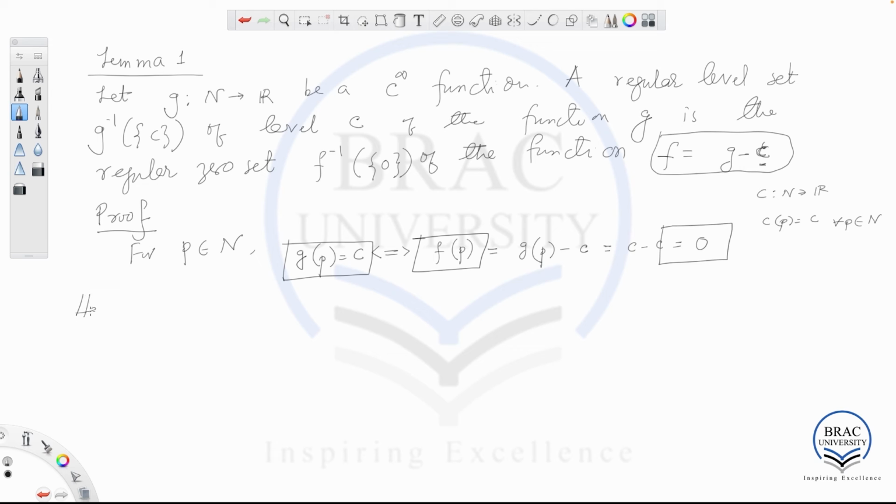Hence, critical points of F and G are exactly the same.